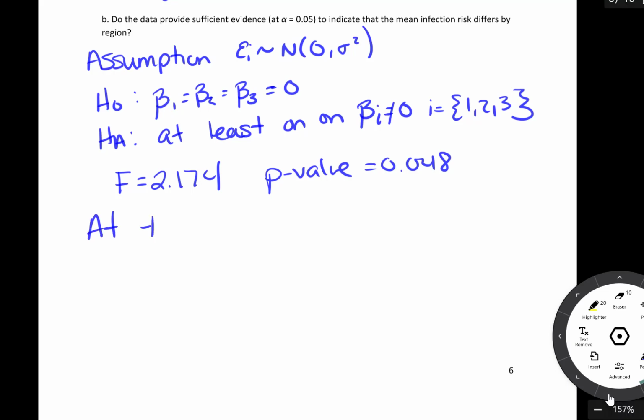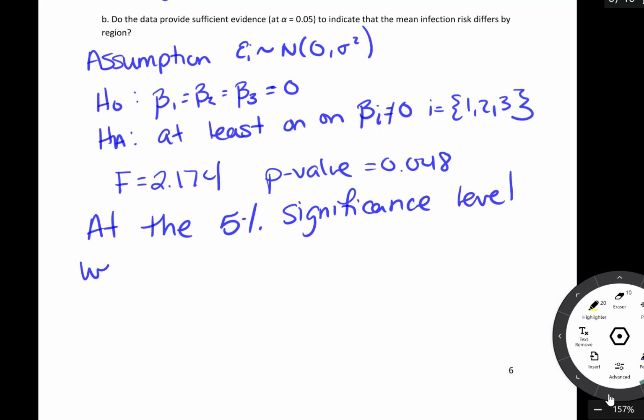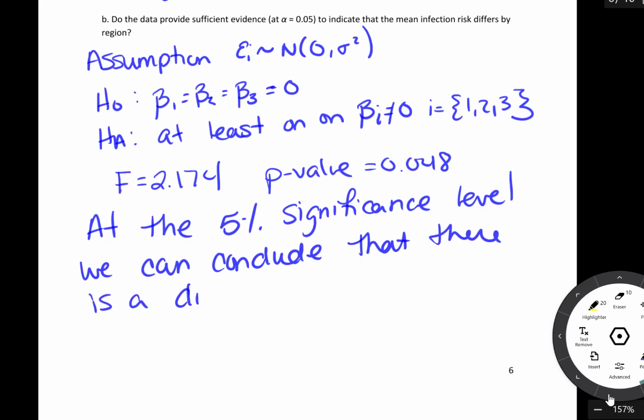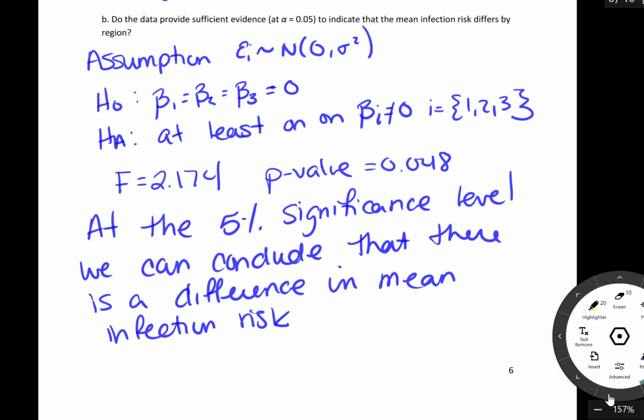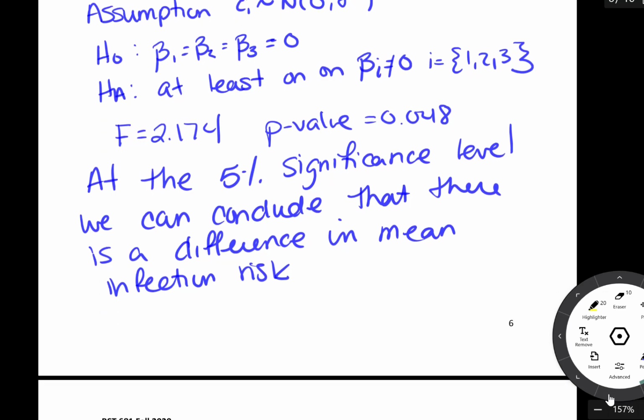So at the 5% significance level, we can conclude that there is a difference in mean infection risk for the 4 regions.